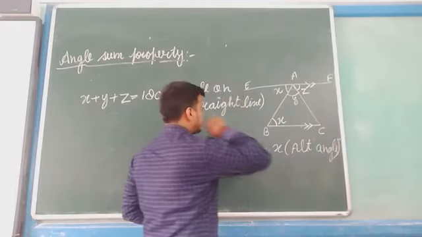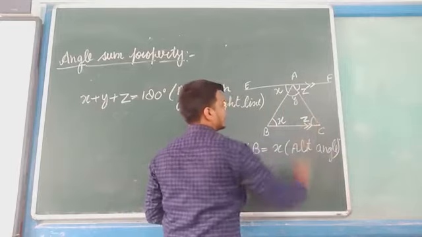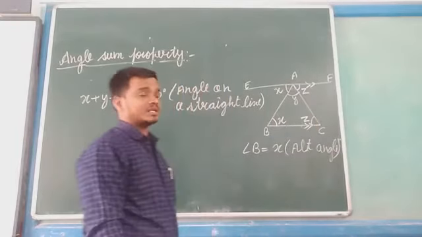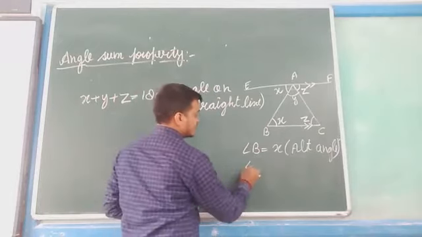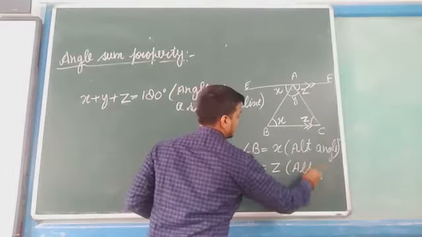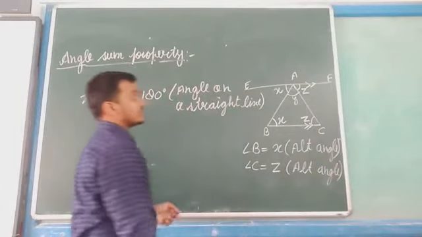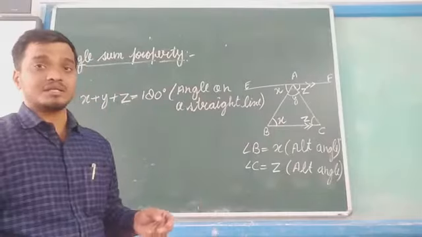In the same way, this angle is Z, so this angle will also be Z, because it is also an alternate angle. So angle C is also Z, because EF is parallel to BC.